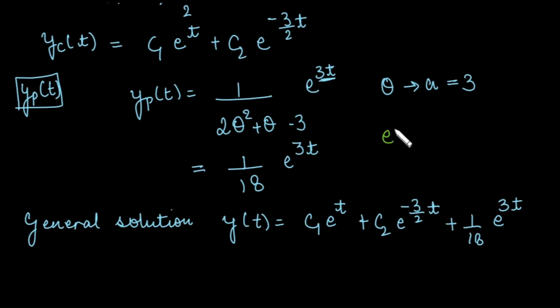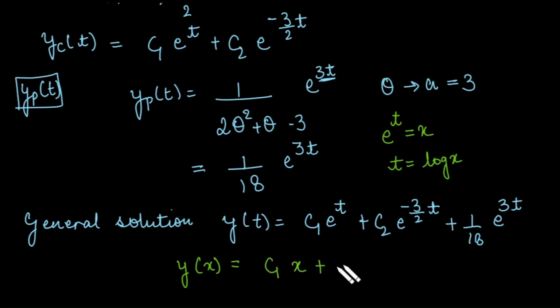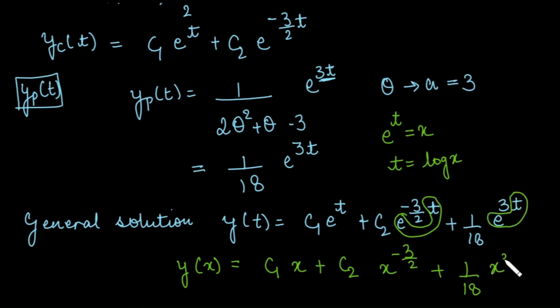We need to replace e raised to power t by x, or if there is a t, we can write it as log of x. So in this case, the final answer is c1 x plus c2 x raised to power minus 3 by 2 plus 1 by 18 x cubed, since e raised to power t is equal to x.